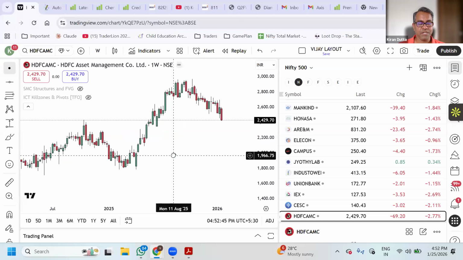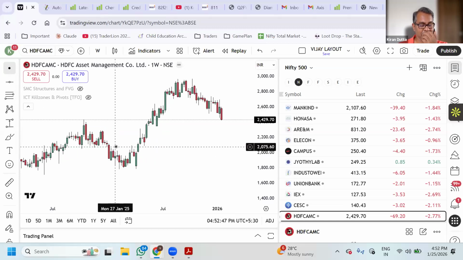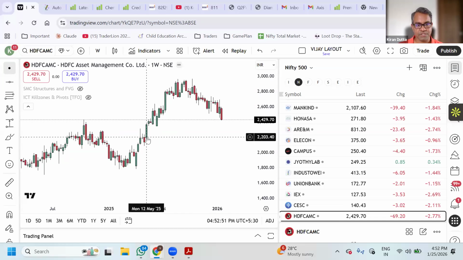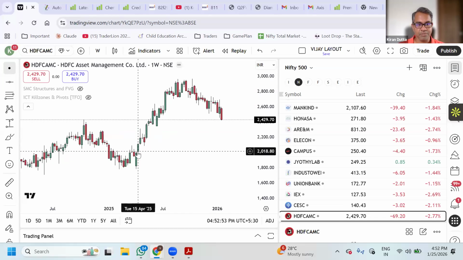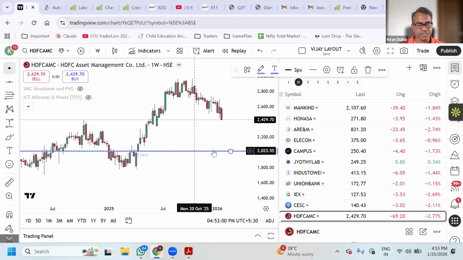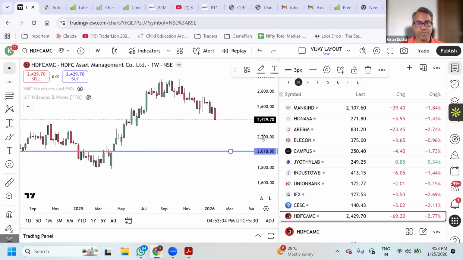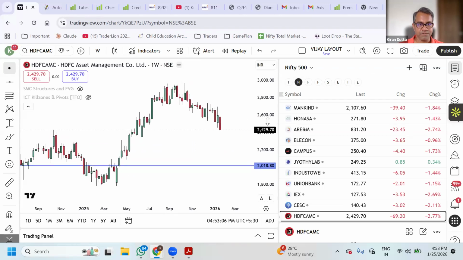So HDFC AMC gave stellar set of results. I think Jan, Feb, March అయిపోయింది కదా, April లో results. Let's say look into this. I think April this was a results time. Correct. Around 2018. Very good set of results. Go back and then look into what they have done, etc. and all. So from there, see what is the move HDFC Bank has given.